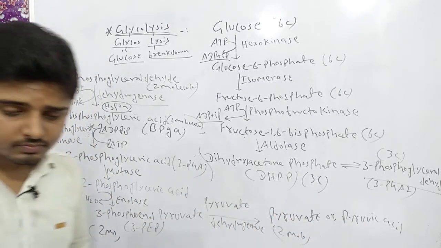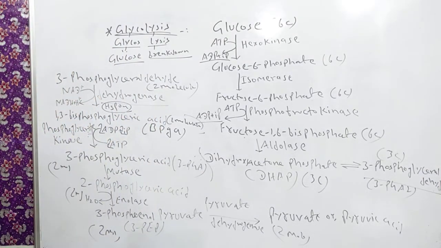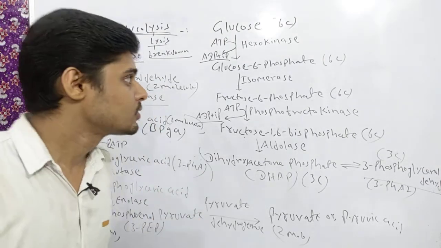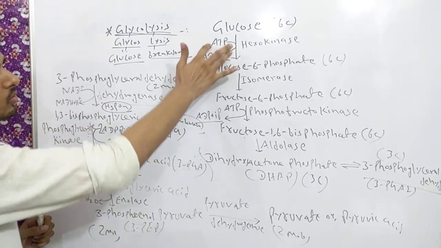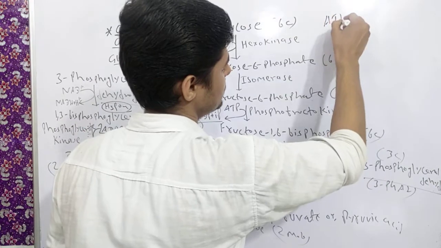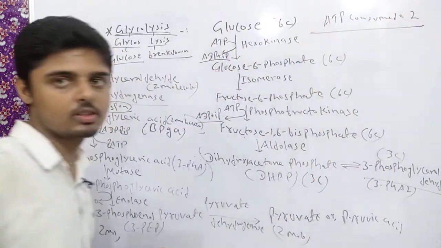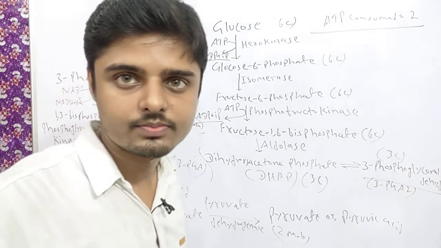Now note here the net output of ATP after glycolysis. You can note that 2 ATP are consumed. ATP consumed is 2. Okay, is it visible?